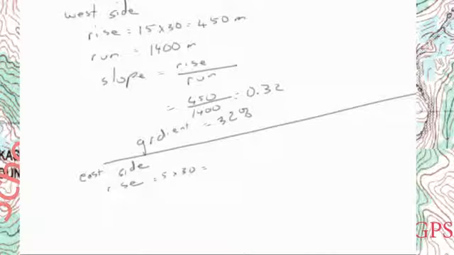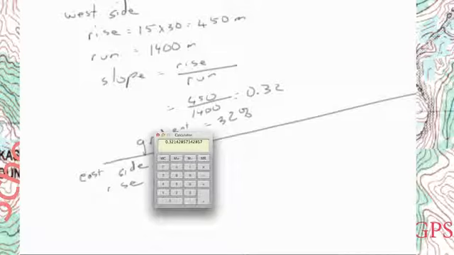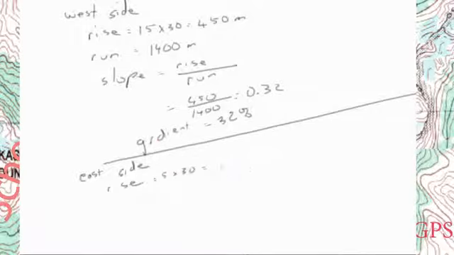Where's the calculator? 5 times 30, 150. 150 meters, that's how much we climbed up the run. Now remember, we left the dividers set at the same number. We left it at 1.4, so it's exactly the same.